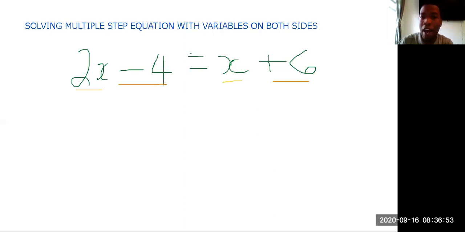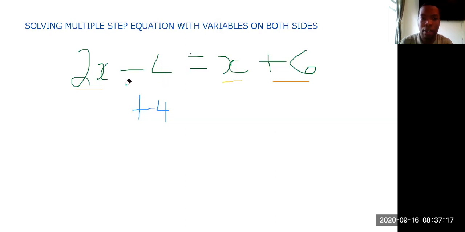So with the additive inverse, we learned that in order to move items from one side to the next, we have to do the additive inverse, which means we're changing the sign of what it is. For example, I'm trying to move this -4 over here. So in order to move the -4 on this side, I have to do a +4.